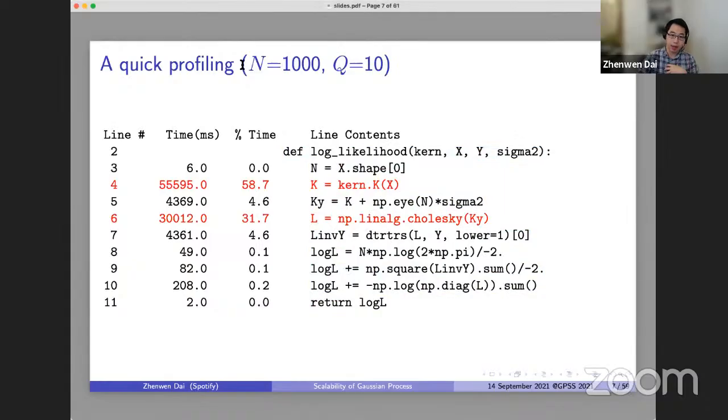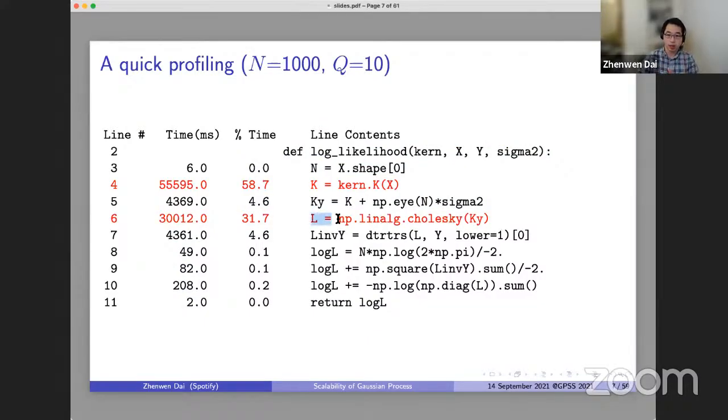I applied it to toy data with 1,000 data points and an input dimensionality of 10. The second column shows the absolute runtime of these functions in milliseconds, and the third column shows the percentage of time across the different lines. I highlighted in red the most expensive parts, which are significantly more expensive than the other parts of the code.